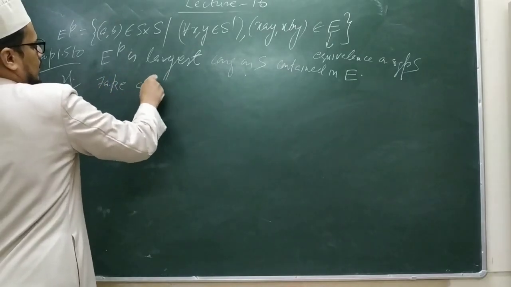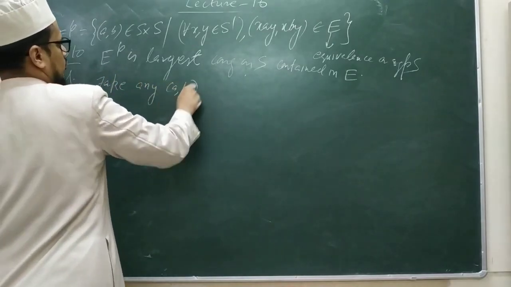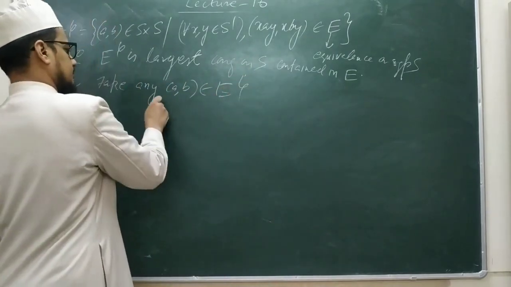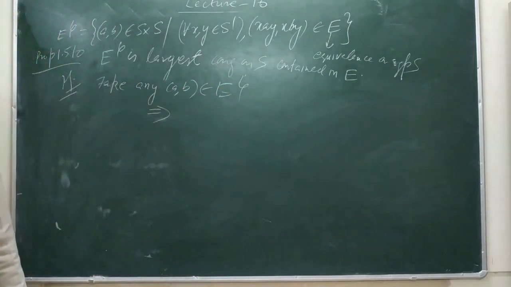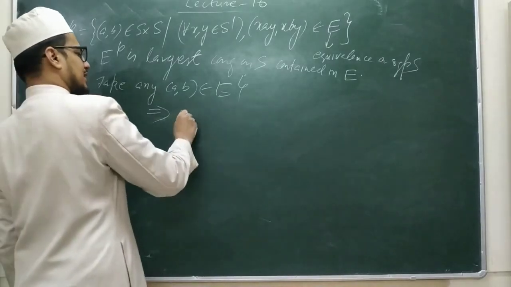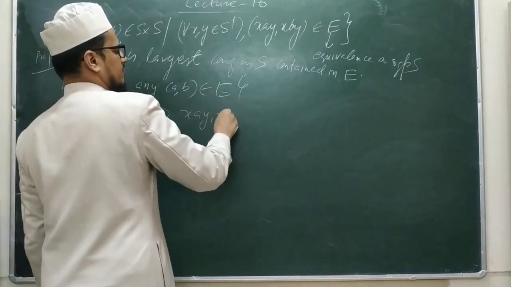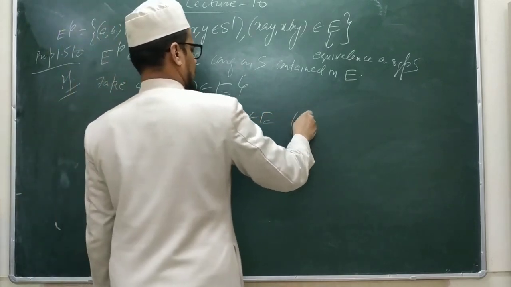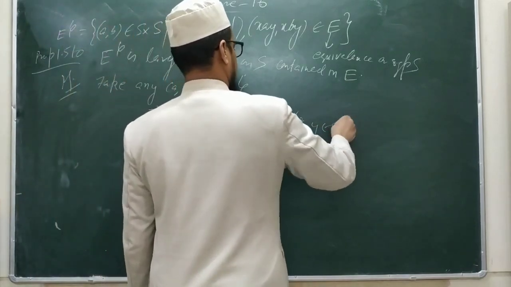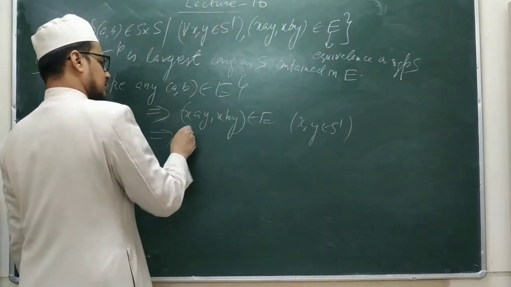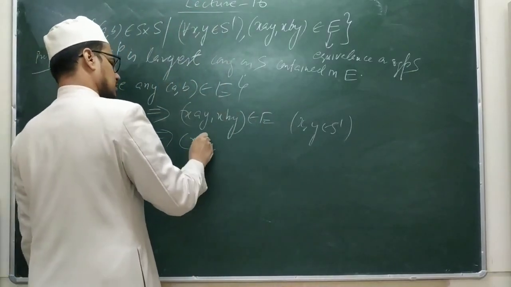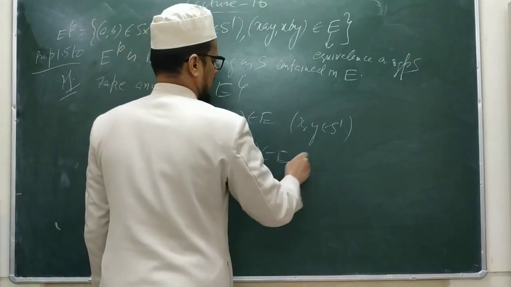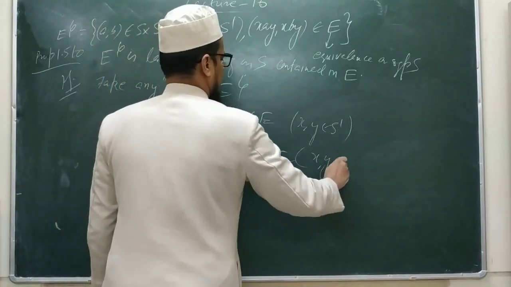Take any A comma B belongs to E natural, correct? It implies what? It implies that XAY comma XBY belongs to E, where X comma Y belongs to S1. It implies that XBY comma XAY belongs to E, X, Y belonging to S1.